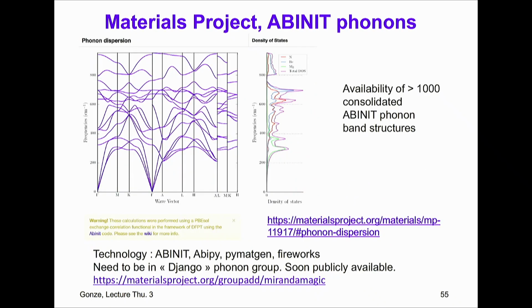And nowadays, there are also, for more than 1,000 materials, phonon band structures that have been obtained thanks to ABINIT. It's not the 53,000, but still a very large number. It is not yet seen by the ordinary person, but if you simply click on this link, you will be given access to these.